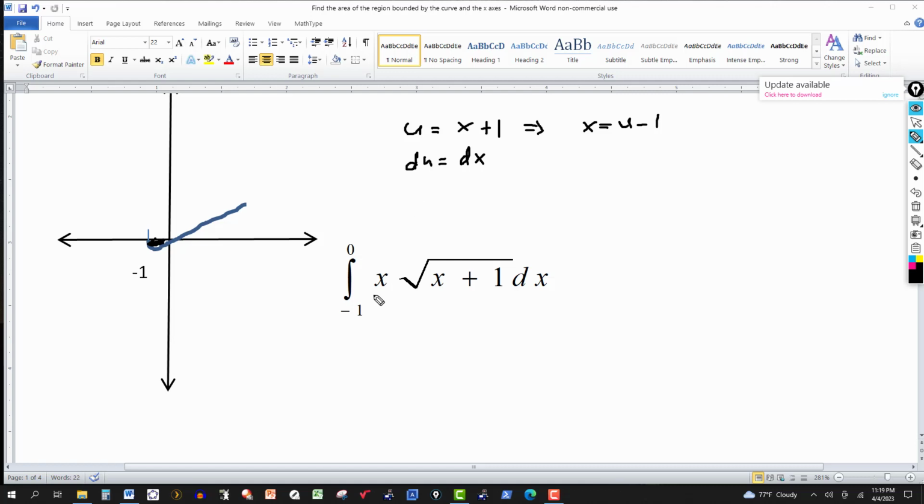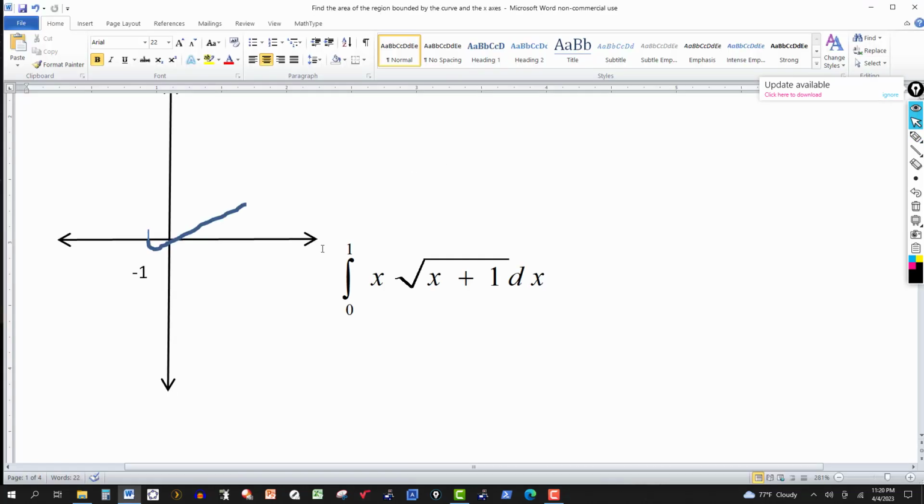So instead of negative 1 here, these limits are x equals negative 1 to x equals 0. If x is equal to negative 1, u would be 0. Now, if x is 0, u will be 1. So I'm going to change the limits from negative 1 to 0 to 0 to 1. So here are the new limits, and here's my substitution.